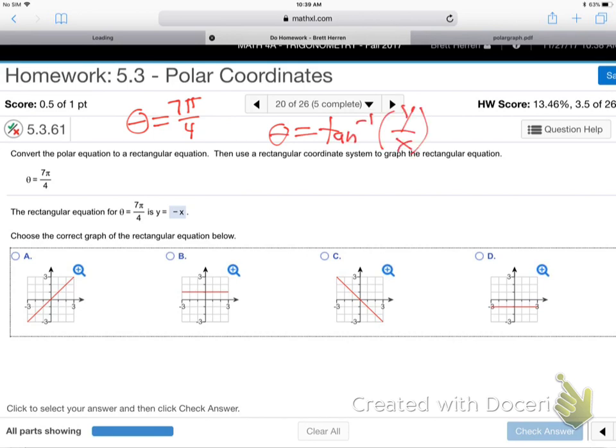We've been using that conversion a lot. Vectors, polar, same thing. So therefore this theta, tangent inverse y over x, is 7 pi over 4. Makes sense so far? I just replaced the theta on the left with tangent inverse of y over x.